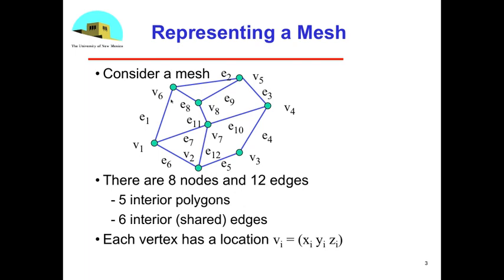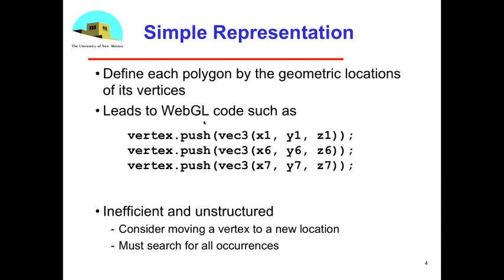That doesn't change if I move one of these vertices a little bit. Obviously, if I move it a lot, I could really screw up the topology, or what happens if they're on top of each other. But we're not going to worry about those issues. The basic structure about how edges and vertices are related doesn't change when I change the geometry a little bit. And that's what we mean by the topology.